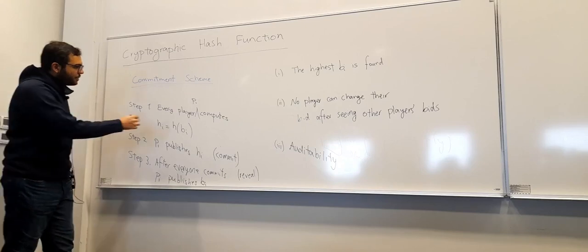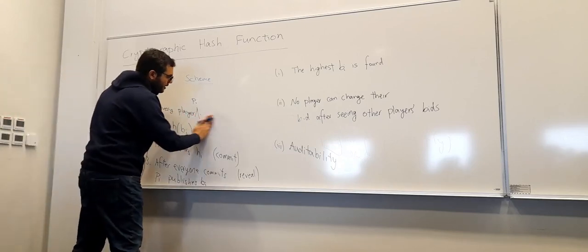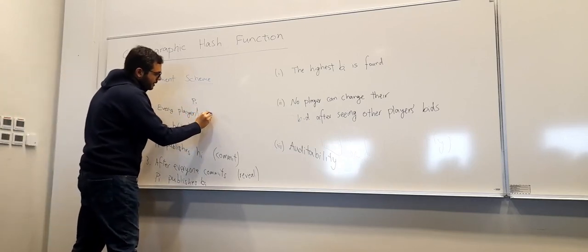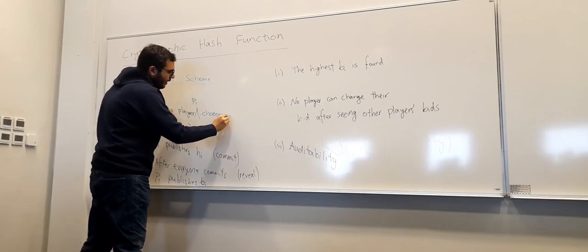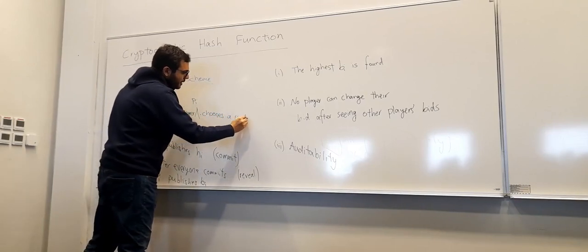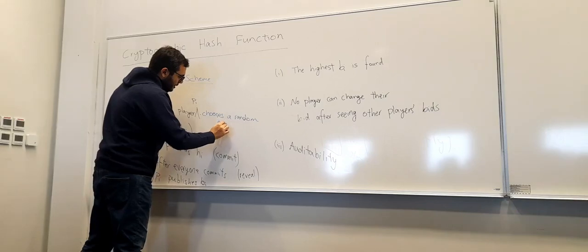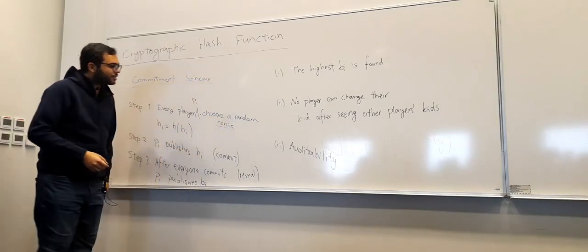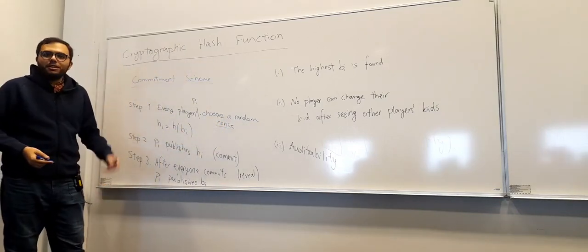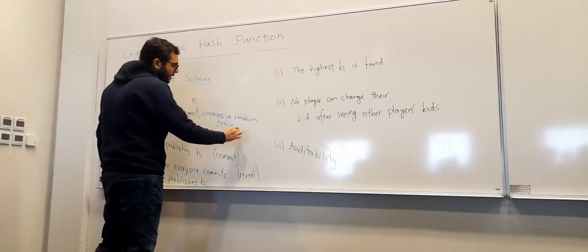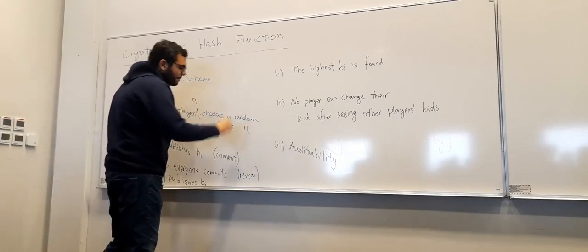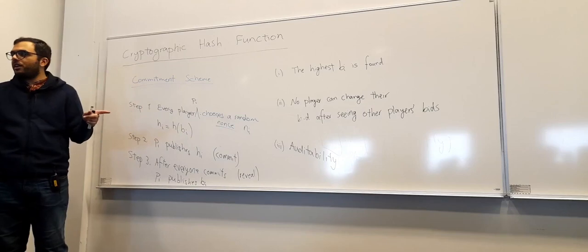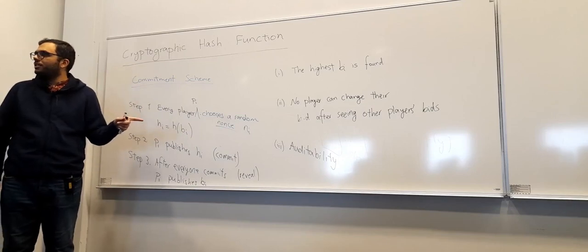So I say every player Pi chooses a random nonce. And that's the word we usually use, but it doesn't really mean anything. It's just like a random number. I choose a random number, let's call that Ni, and I choose this from a very large domain. Okay?